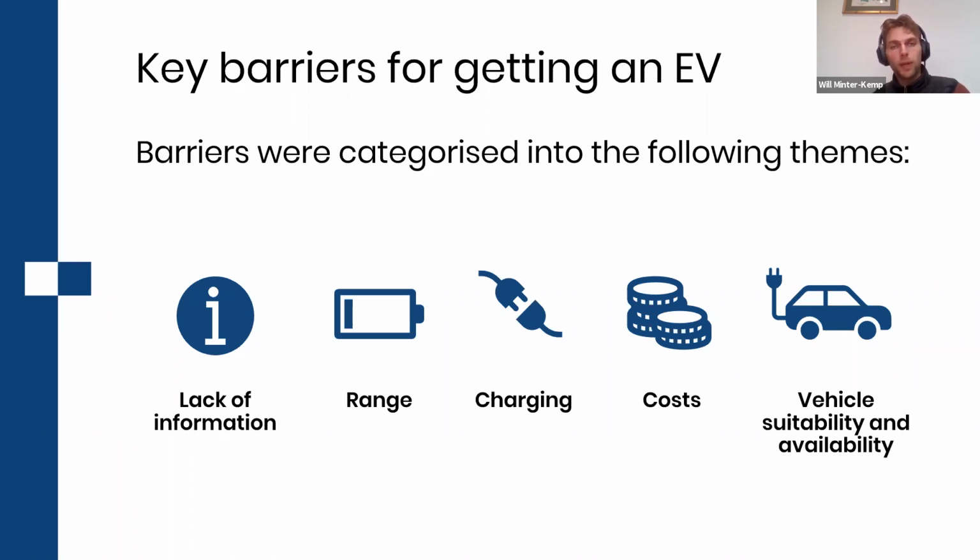Some of the big points really in getting an EV are the suitability though of the actual product, the actual electric vehicle, for particularly those with mobility or dexterity disabilities. So for wheelchair accessible vehicles, electric vehicles haven't really been able to replicate what we can do with internal combustion engine vehicles, and that's to do with the placement of the battery.